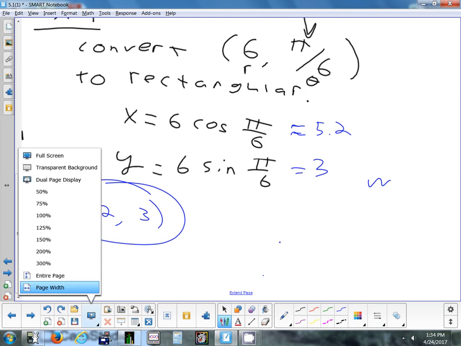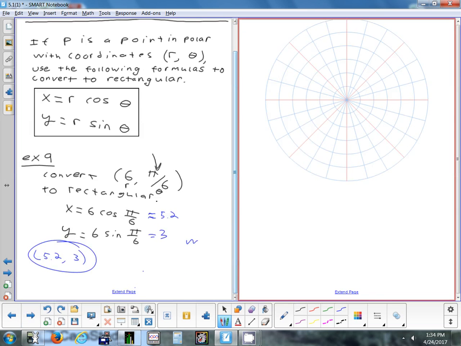Now, what I'm going to do is take the point that we had in polar, which was 6 comma, what's pi over 6 in degrees? We did that earlier. 30. I'm going to graph 6 comma 30, right, 6, 30 degrees. And I'm going to change the background.